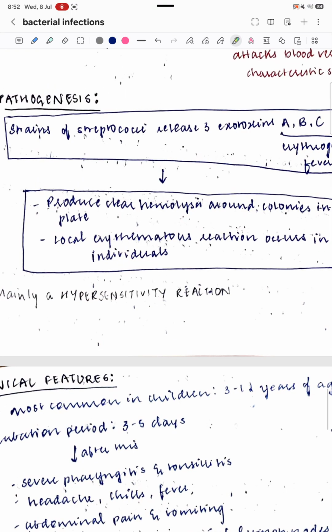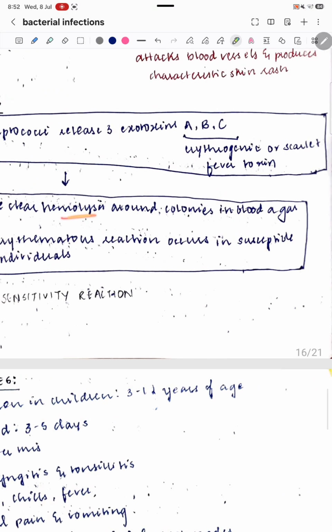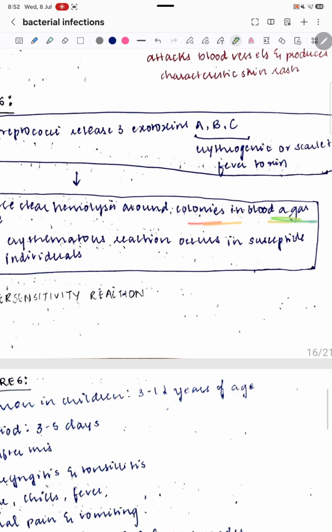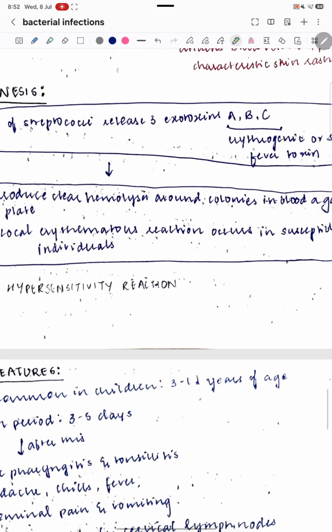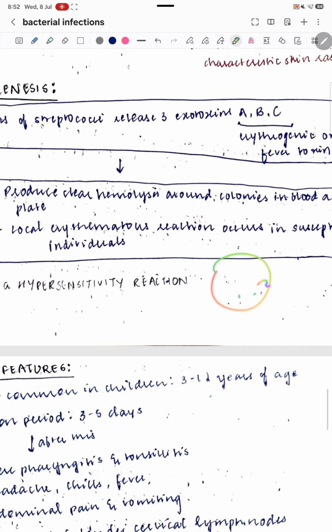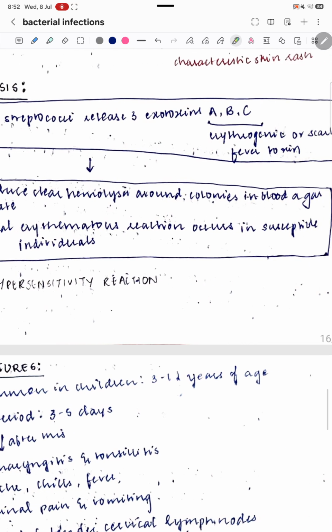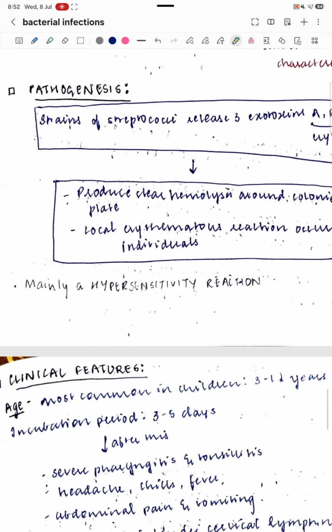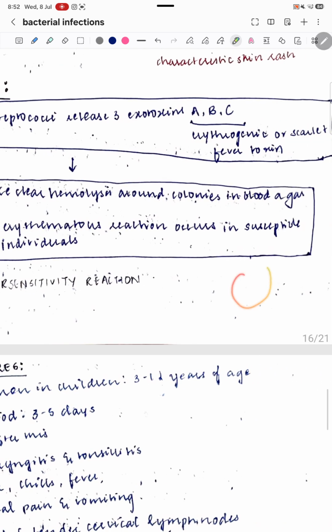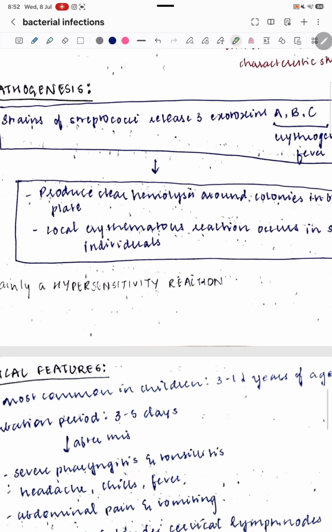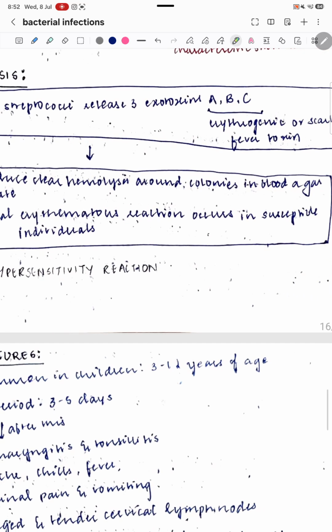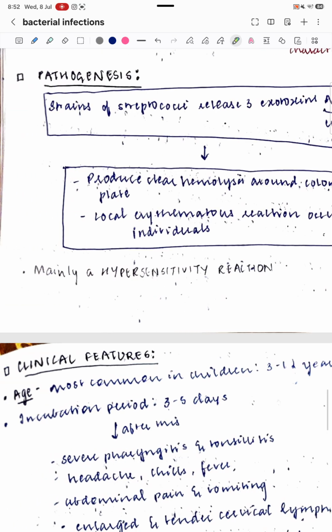Now, they produce clear hemolysis around the colonies in the blood agar plate. Then a local erythromatous reaction occurs in a susceptible individual.